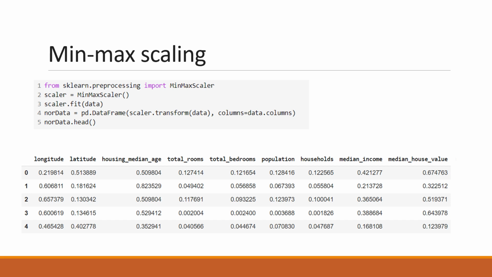This calculates the minimum and maximum value for each feature in the data, which will be used to scale the data later. Finally, we transform the original data using the transform method of the scaler object. We create a new data frame called norm_data with the transformed values and the original column names. Actually, this example demonstrates how easy it is to perform min-max normalization in Python using sklearn.